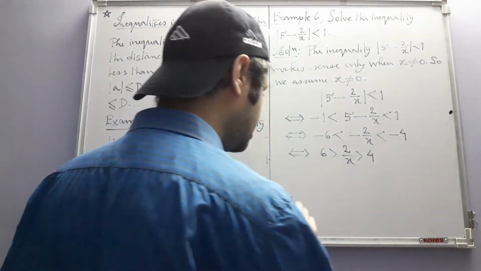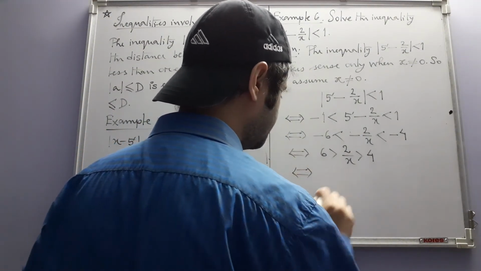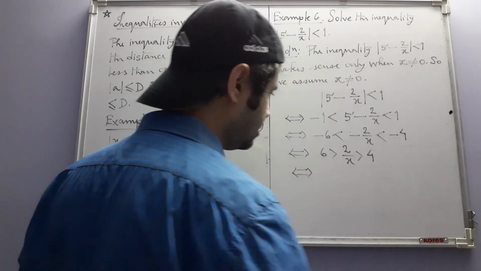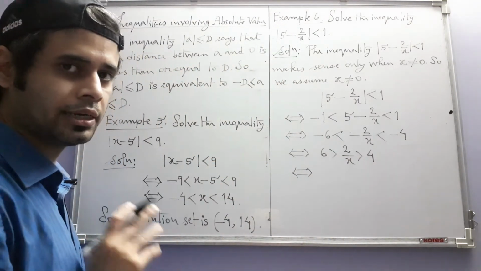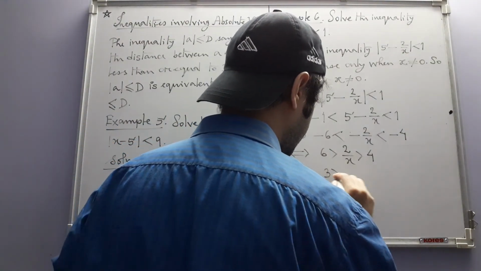We can still simplify it more by dividing throughout by 2. We can do that because 2 is positive, and doing that gives us this.